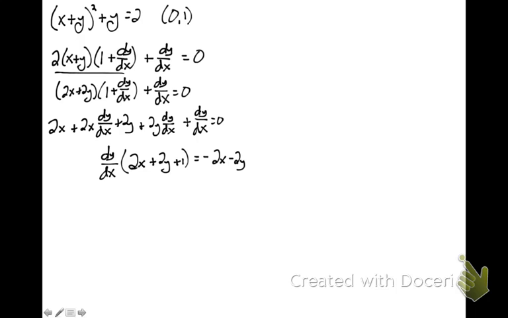Dividing to isolate, dy/dx equals (negative 2x minus 2y) over (2x plus 2y plus 1). And since we're looking at the point (0, 1), this will simplify down to negative 2/3.